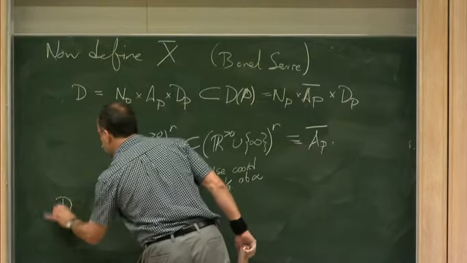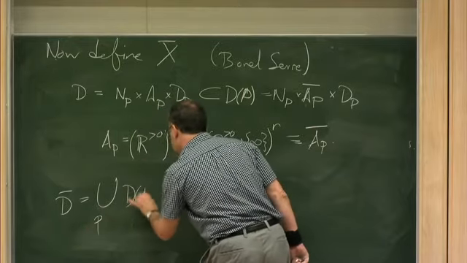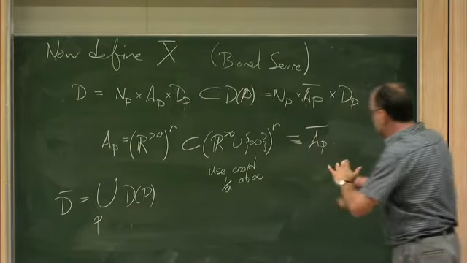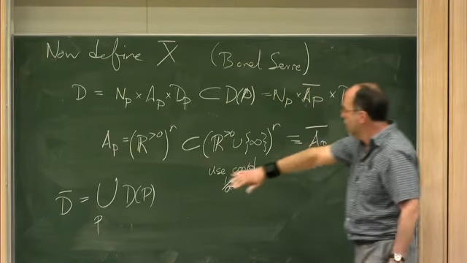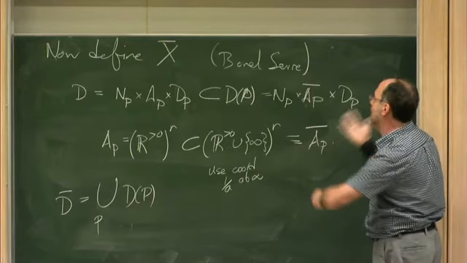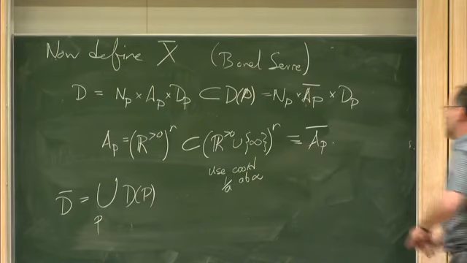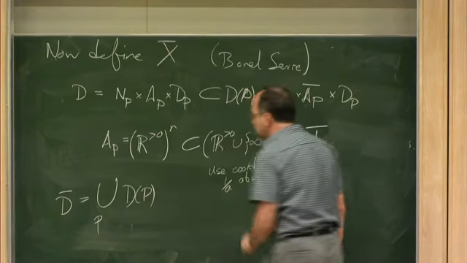And then you set X-bar to be the union over all P of D-bar P. And of course, you've got to be careful. For 2 different parabolics, these D-bar P's will intersect, and you have to carefully work out what the transition functions are. But that's it.